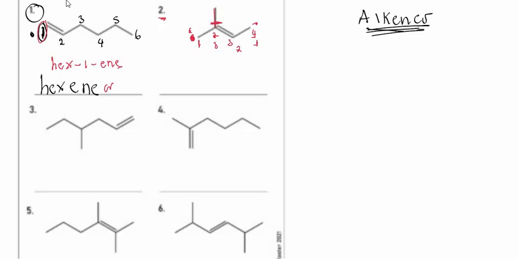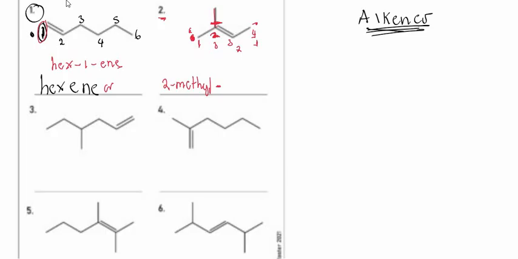So what is the name of this branch? The name of this branch is methyl. So how am I going to name this one? I'm going to say this is 2-methyl. Why 2-methyl? Because it's on carbon number 2. So after writing 2-methyl, what is the double bond number?